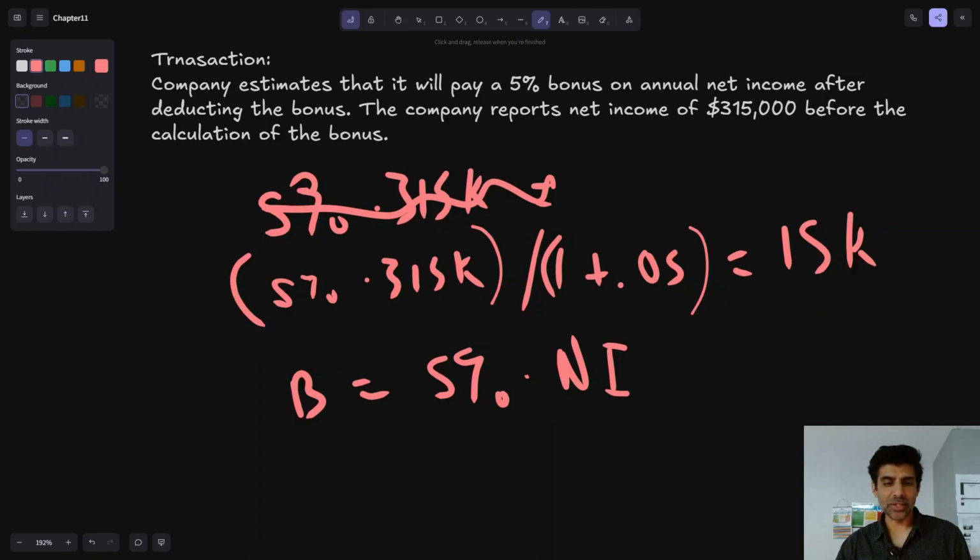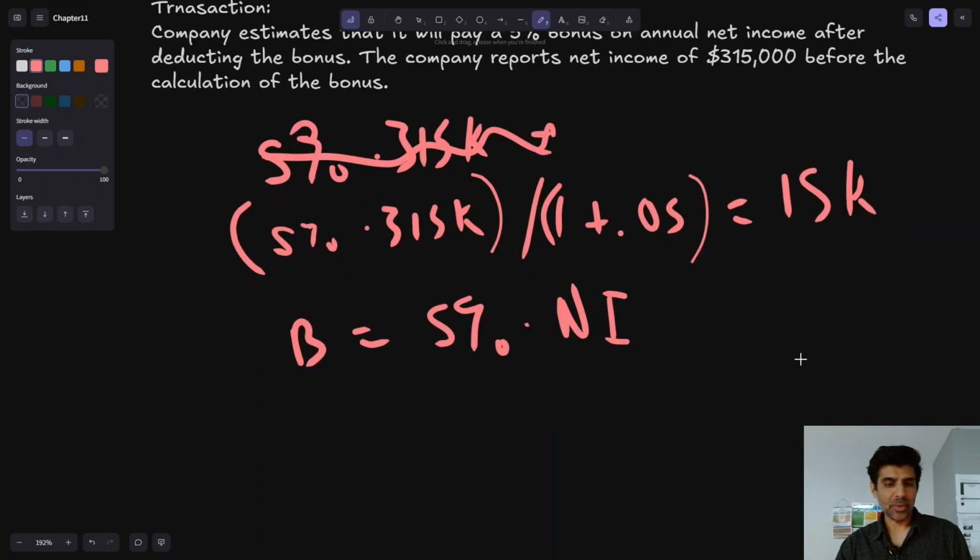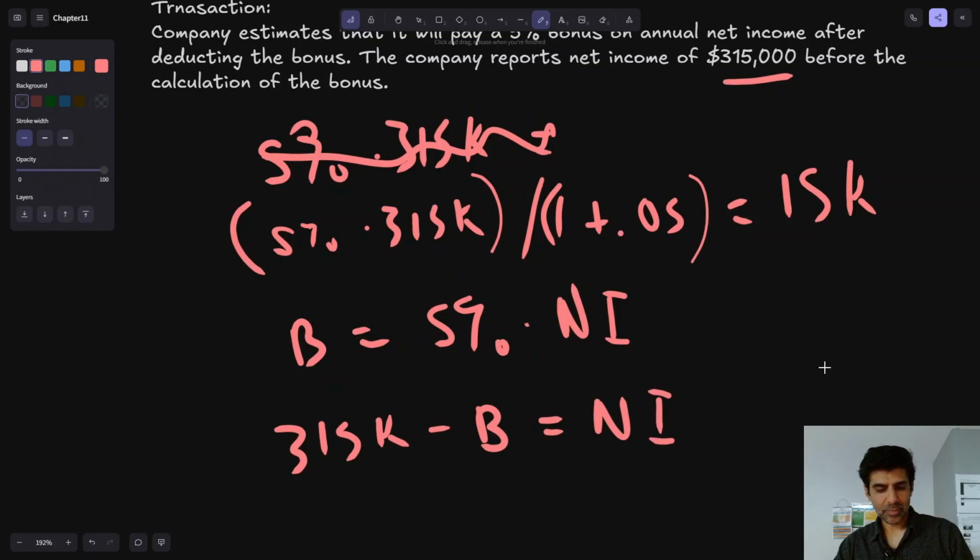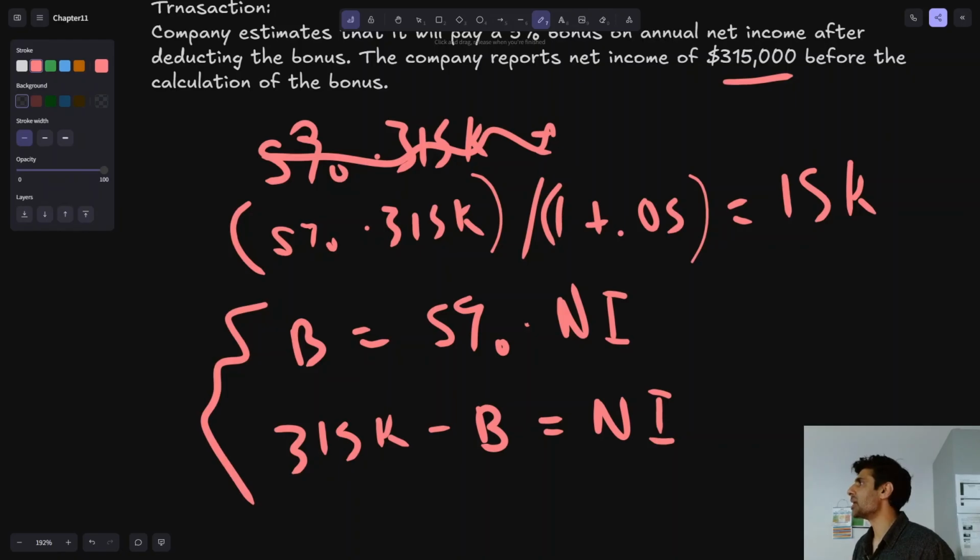We need another equation, and what we can do is look at this second statement. 315 minus the bonus equals net income. Does everyone agree with these two? I've just translated what those words said into two equations. Does it make sense?